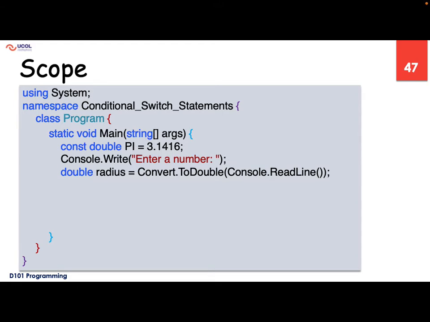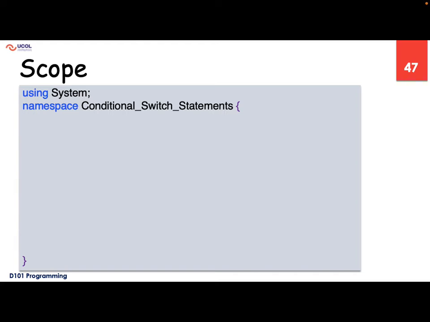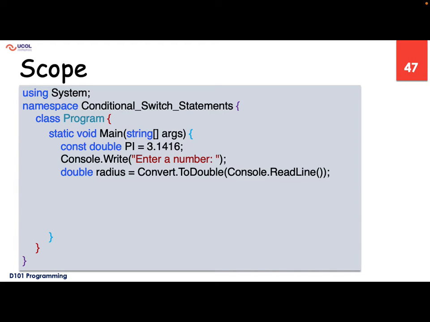And within that class, we have the method. So again, we have namespace. In the namespace, we have class. So this is a class level block. Then inside the class, we have the main method.